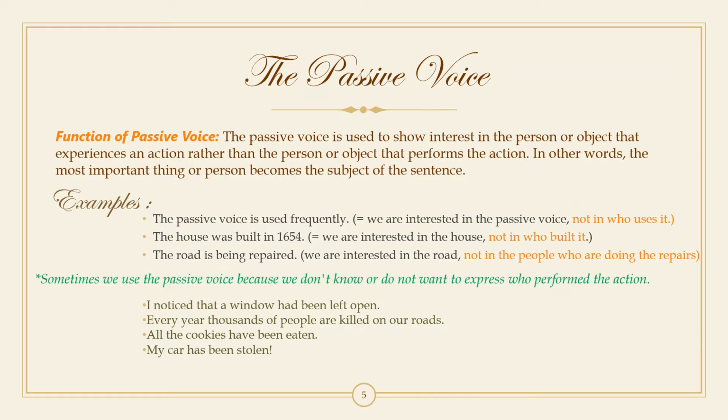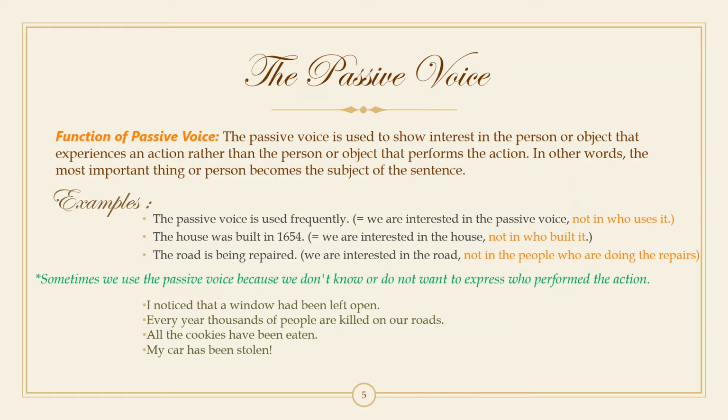In the same way, every year thousands of people are killed on our roads, and I don't want to mention that they are killed by road accidents or reckless driving. That's why I use passive voice, and I don't mention the name of the person or object.